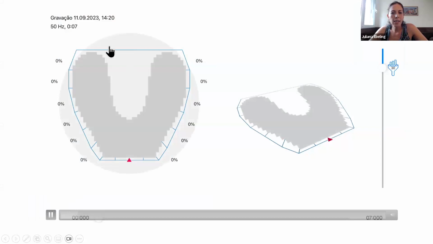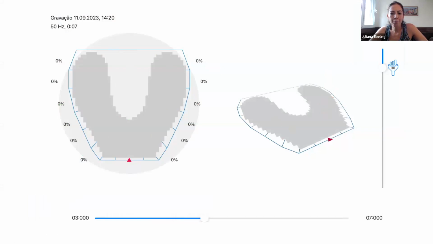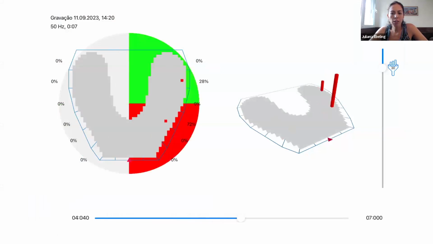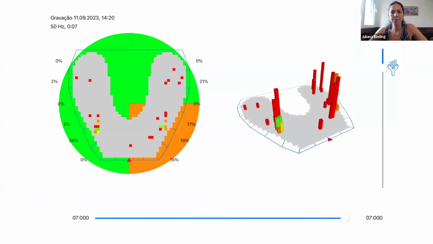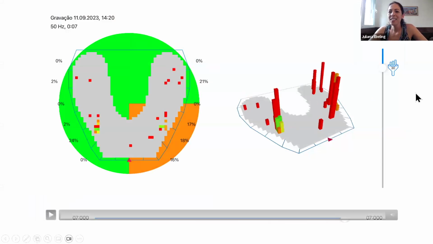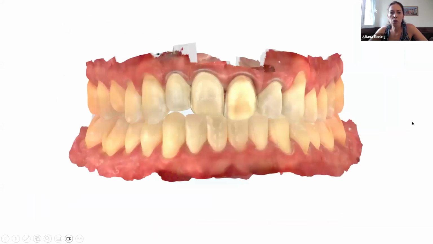But at the end, we had that. Look at that. This is the maximum contact that we get. And what do you do? So I made many reanatomizations of these occlusal surfaces.